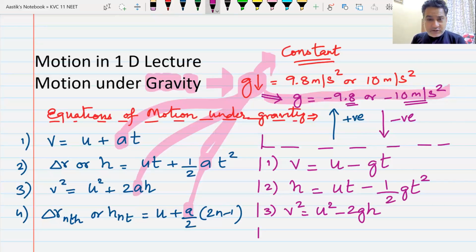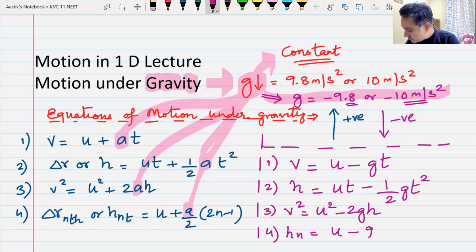Remember, I have put the value of a as minus g, but the rest of the things you will have to put with proper signs. What will be the fourth equation looking like? Height in the nth second will be equal to u minus g by 2 into 2n minus 1. If the right hand side equation looks better for you, you can use those.